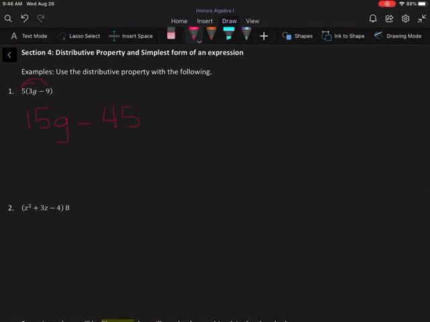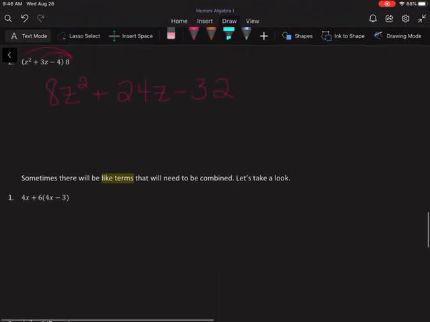Even if the variable is on the outside here, it still multiplies inside. So we have 8 times z squared plus 24z minus 32. So again, multiplying the 8 into all of those.